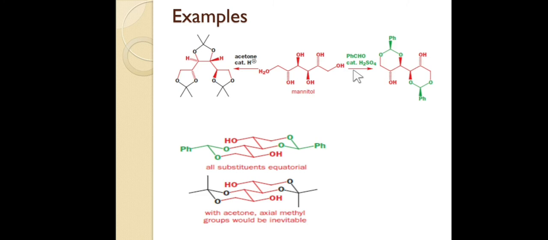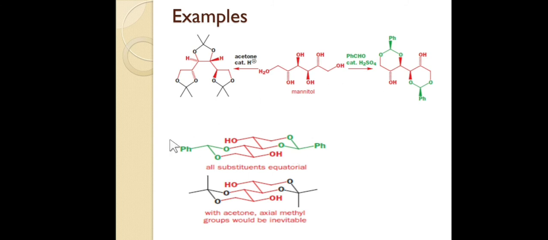So you can see that if we are using benzaldehyde acetal protection, it is forming the ring with 1,3-diols. Okay, this 1, 2 and 3. So this is a 1,3-diol protection, this is also 1,3-diol protection. So this is how 1,3 diols and 1,2 diols are protected.